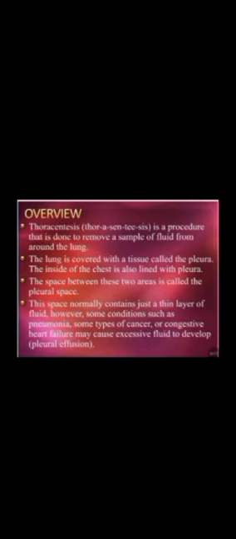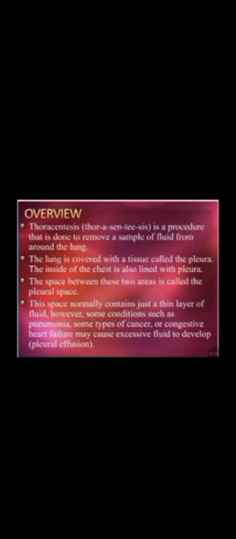Overview. Thoracentesis is a procedure that is done to remove a sample of fluid from around the lungs. The lung is covered with a tissue called the pleura, and the inside of the chest wall is also lined with pleura. The space between these two areas is called the pleural space.